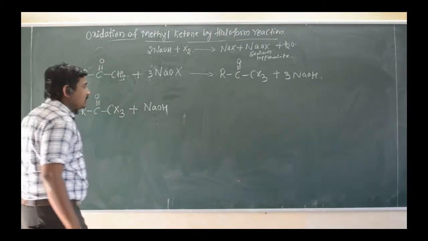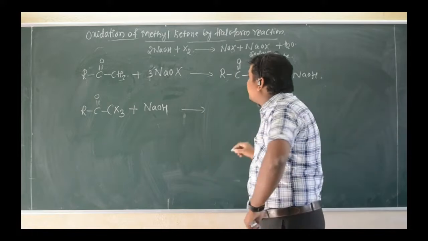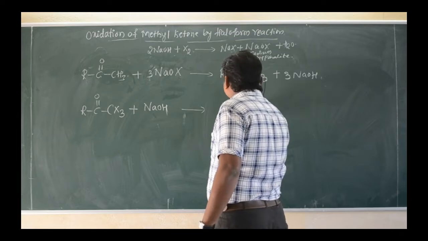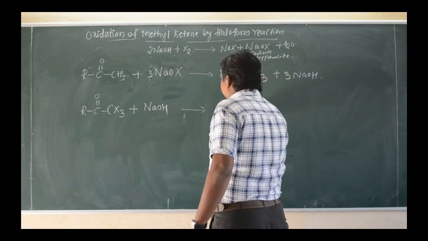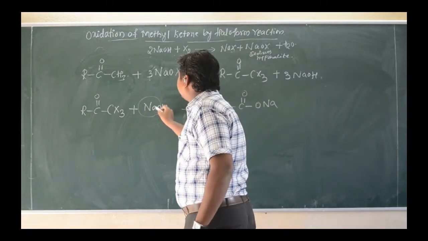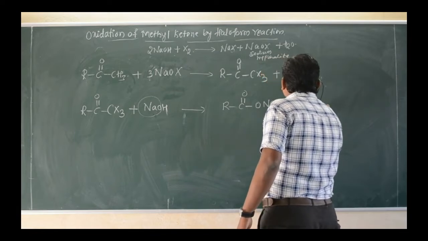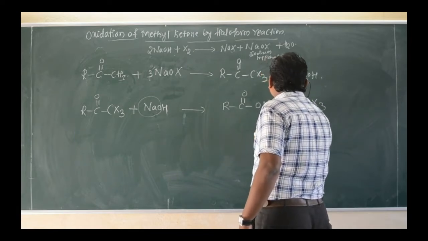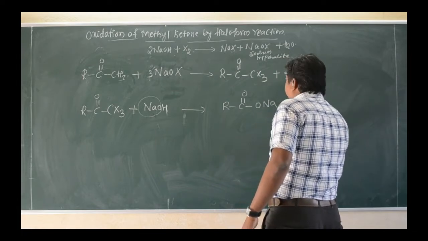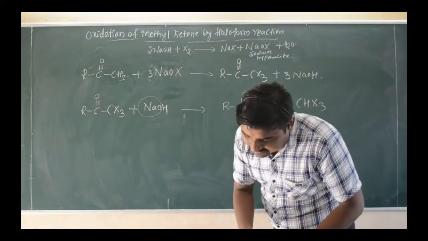There is a formation of the haloform product: RCONa plus CHX3. So this is the haloform product, and here sodium salts of carboxylic acid.